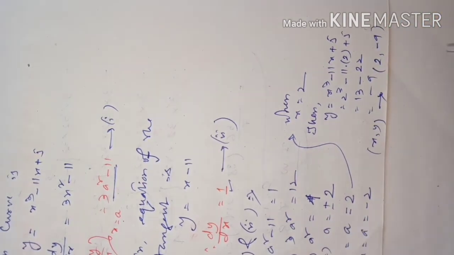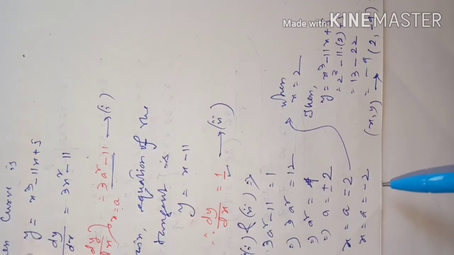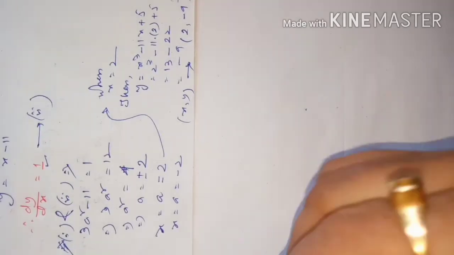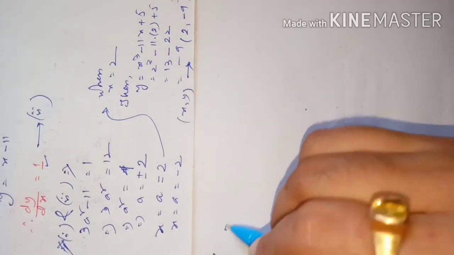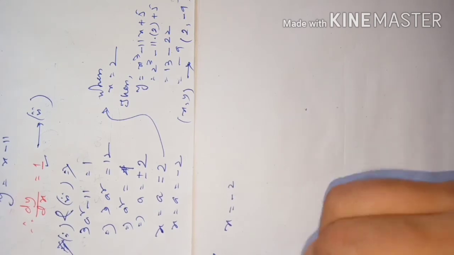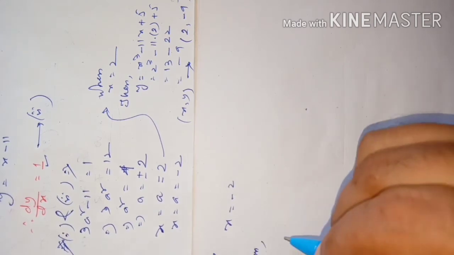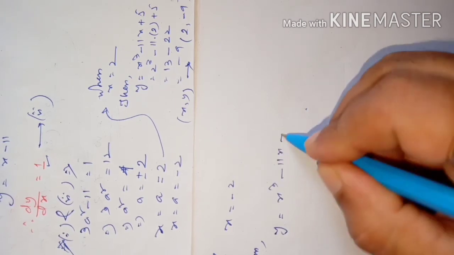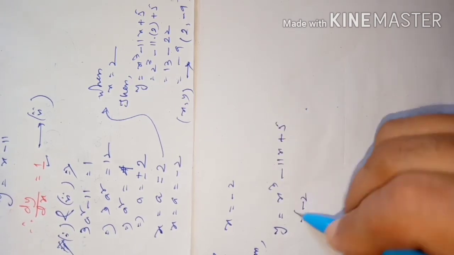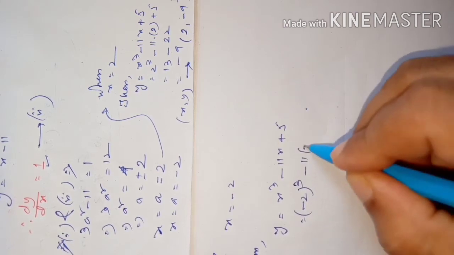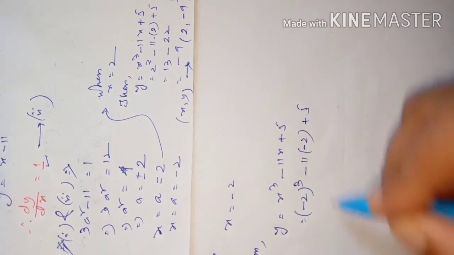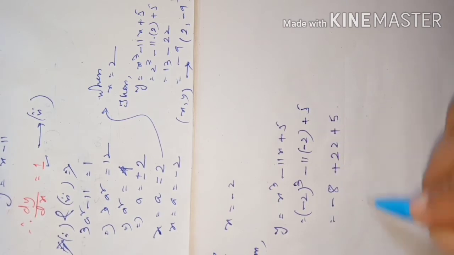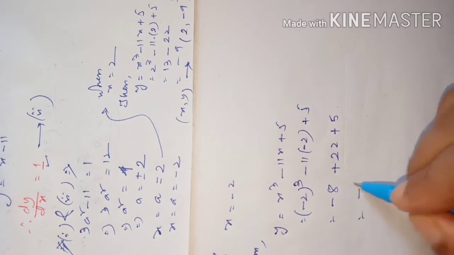Again if we consider x equal to minus 2, what will happen? If x is equal to minus 2, then y is equal to x cube minus 11x plus 5, that will give us minus 2 whole cube minus 11 into minus 2 plus 5, that is minus 8 plus 22 plus 5, that is 27 minus 8, which is minus 19.